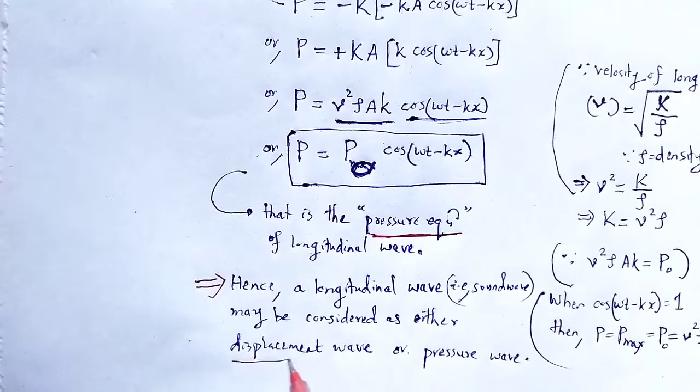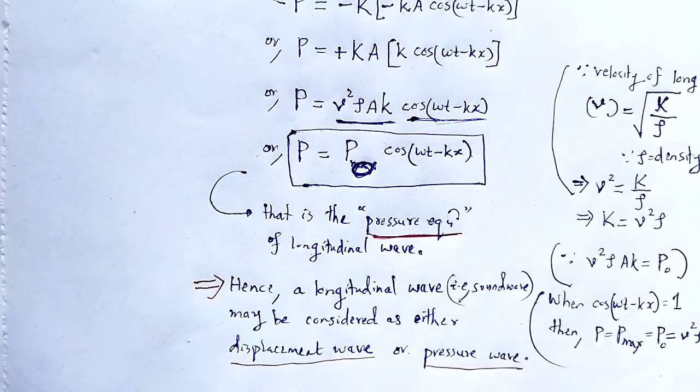So a longitudinal wave is either a displacement wave or a pressure wave.